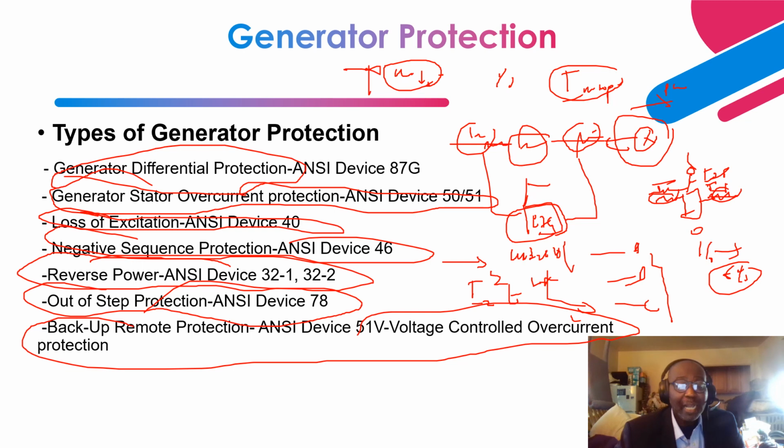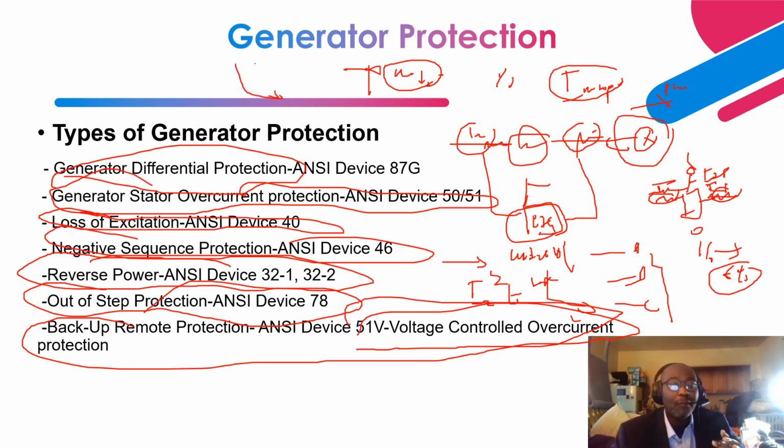As such, what this 51V voltage-controlled overcurrent element does is it tracks the decrement of voltage with current, and that's when it picks up. So it's a backup protection for the generator due to an external fault where the external protection relays fail to clear the fault, and you have the fault evolving into the generator.